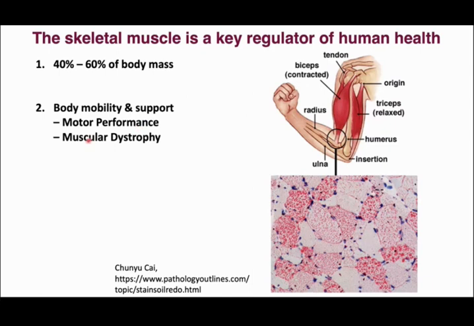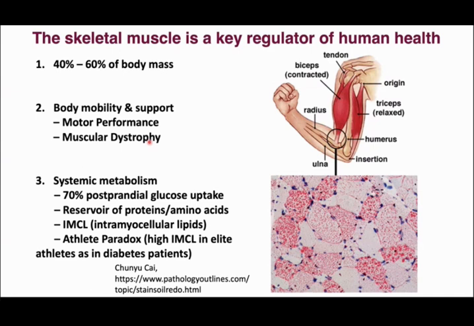And when muscle is not good, it causes disease, such as muscular dystrophy. This is due to degeneration of the skeletal muscle. What is also known is that in addition to the motor function, muscle also plays a key role in systemic metabolism. First, there is glucose uptake after you eat a meal.